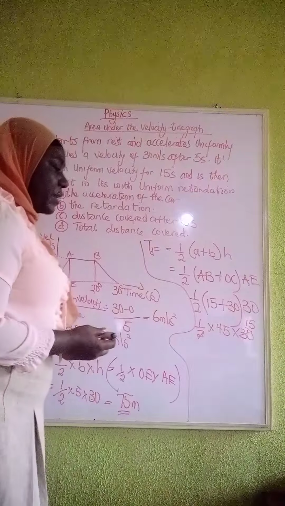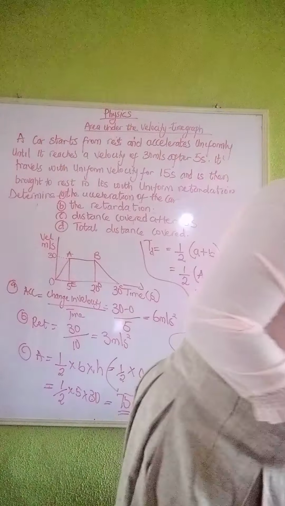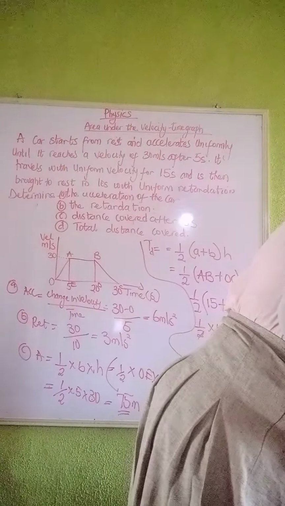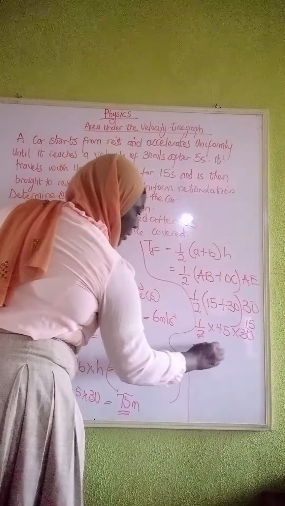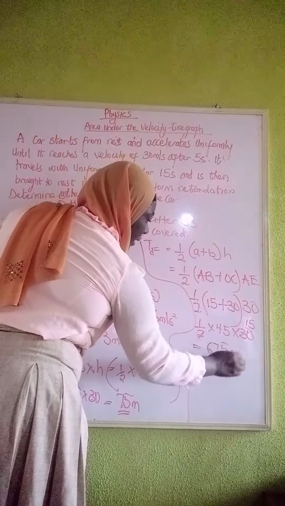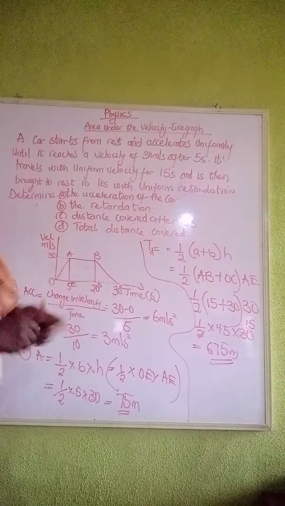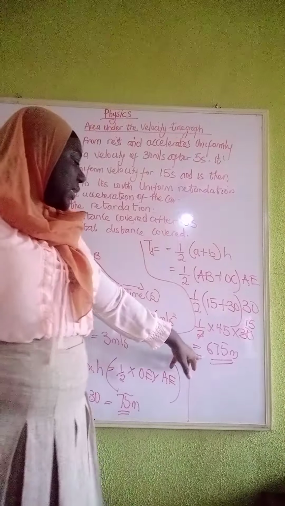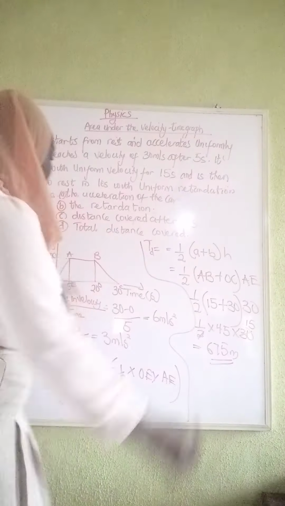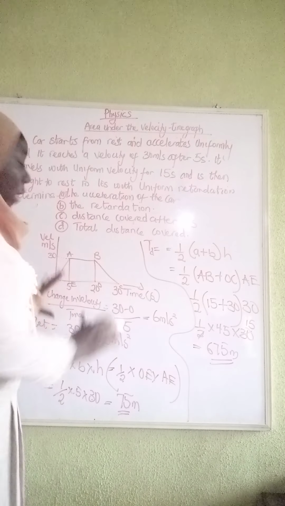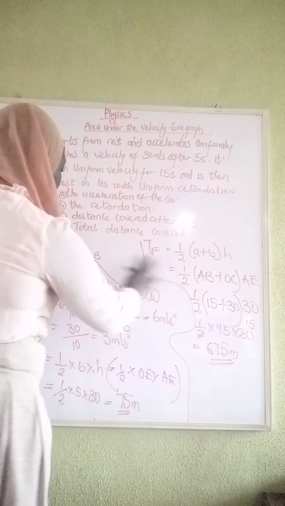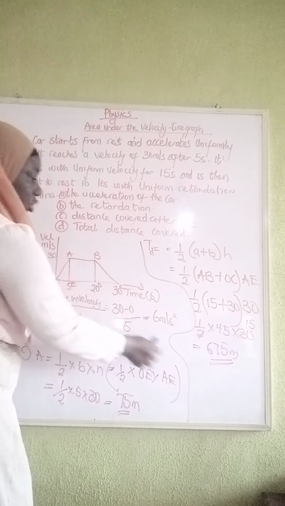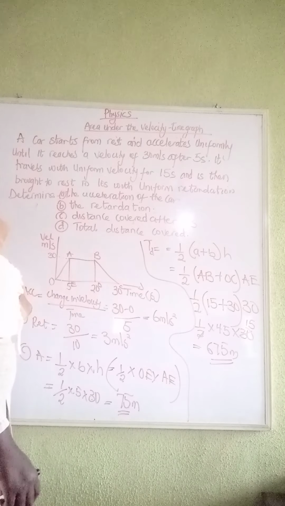If you multiply 15 by 45, let me use my calculator: 15 times 45, I'll be having 675 meters. So the total distance covered for the whole journey is 675 meters, because the shape here is a trapezium. Everything under this shape is the total distance covered, and that is why we are using the formula for a trapezium to get our 675 meters.